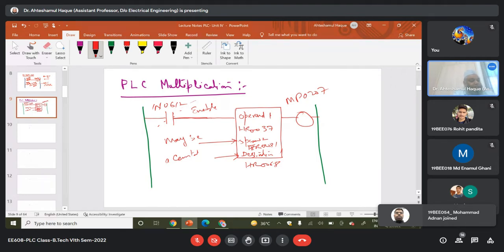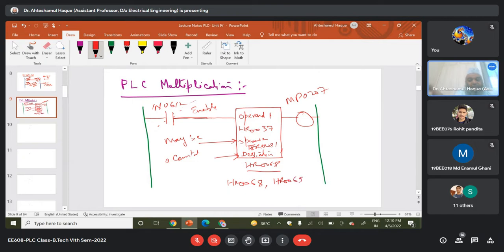Here, after the multiplication, the result will be stored here. HR0068 is mentioned here, but it is an 8-bit register. Our result may be 16-bit. So here it is written as one register, but it will have two registers, 68 and HR0069.